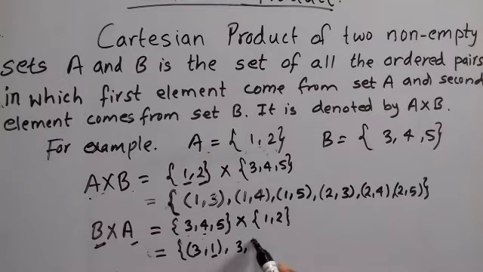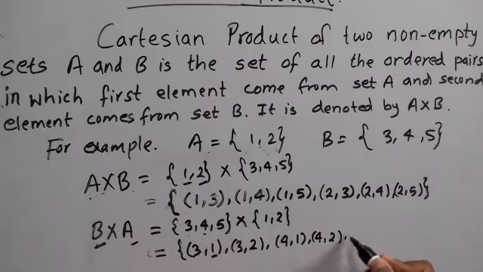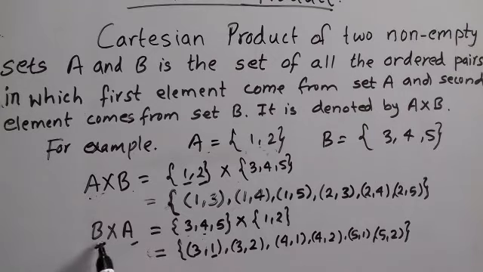Similarly 3 2. Now the elements of this second set are over, so we move on to the next element, that is the second element of the first set. 4 1, 4 2. Now we again move on to 5 1, 5 2. In this way we have found Cartesian product of B cross A also.